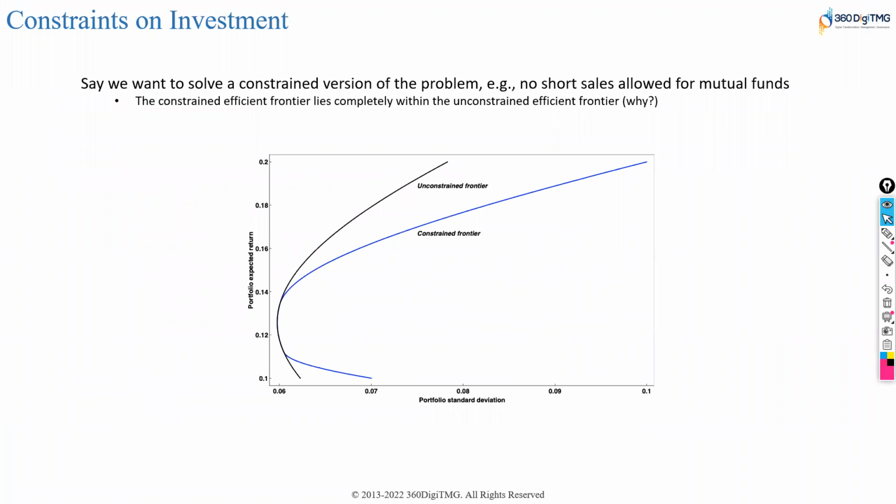Okay, now say you are putting a constraint that I don't want any short selling. By the way, when it comes to mutual funds, if you want to invest in mutual funds, shorting or short selling is not allowed.